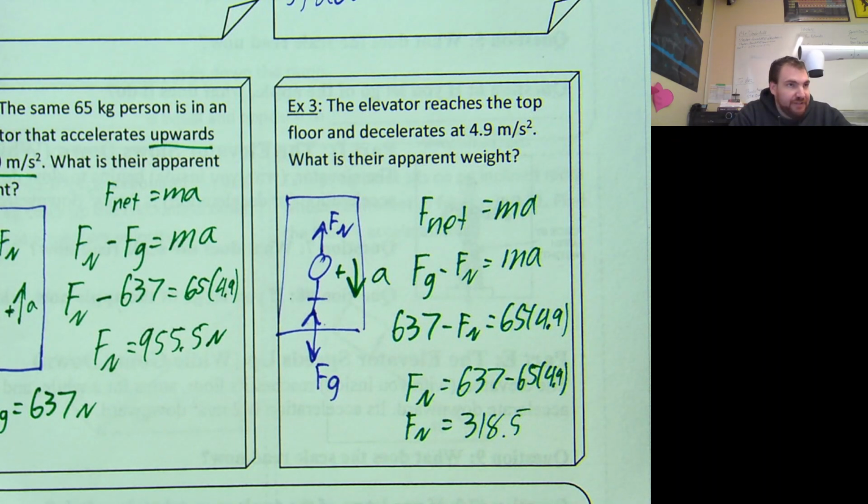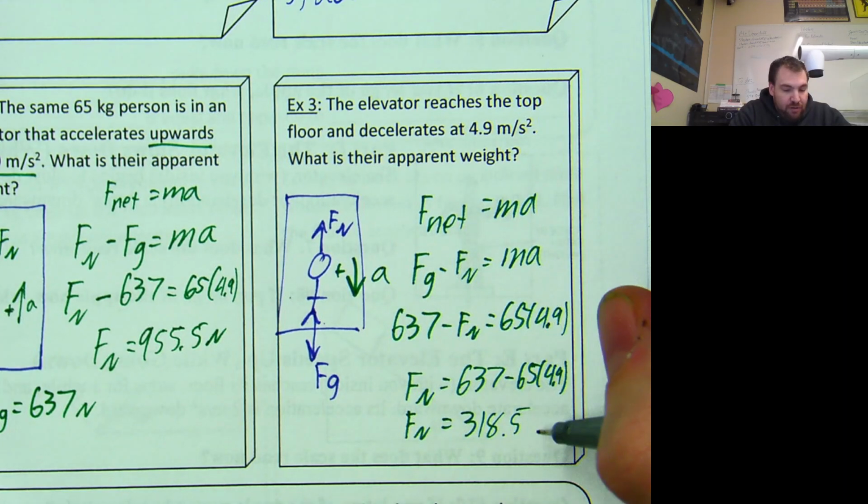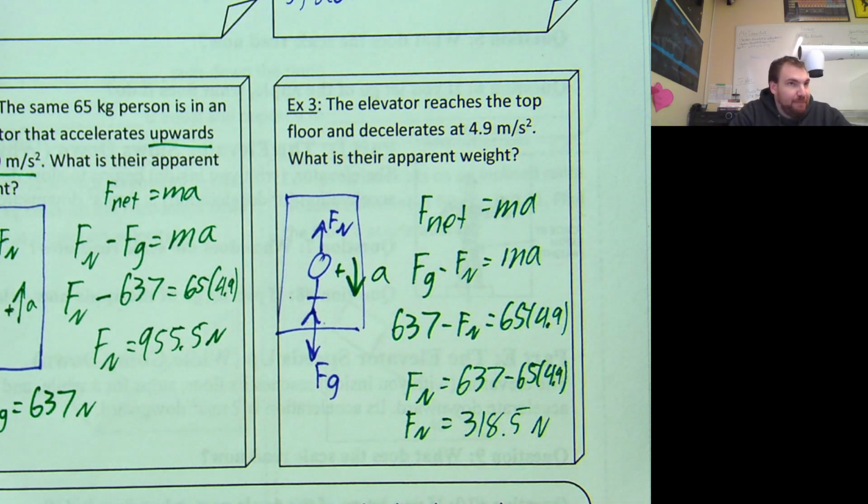I mean, effectively it's 320. So this would feel like the person actually has what mass? 32.5 kilograms. So they've halved their weight. That would be weird.